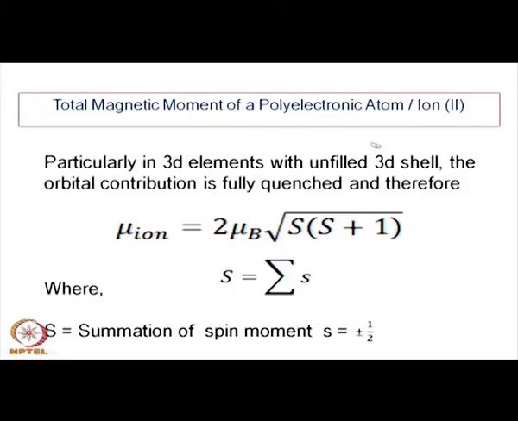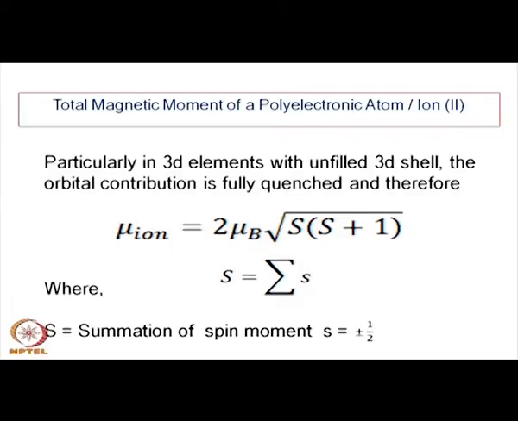Now, particularly we will see later on, one of our major interest is in a particular group of elements, that is 3d elements, the transition metal elements. In these 3d elements with unfilled 3d shell, the orbital contribution is fully quenched, which means when we are talking about this group of ions or atoms with unfilled 3d shell, then the orbital magnetic moment is almost negligible, and we need not consider it compared to the spin magnetic moment.